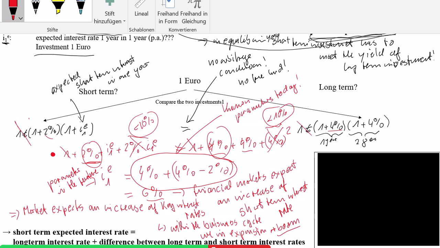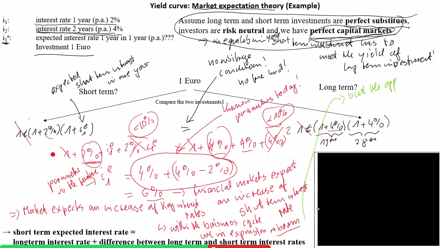But we can also say, and this we take then in green, the opposite also holds. And what does this mean? If I1 is larger than I2, short-term interest rates are higher than long-term interest rates, then the market would expect a lowering in short-term interest rates. So the market expects that the central bank is decreasing interest rates, and this is then an indicator for a crisis.